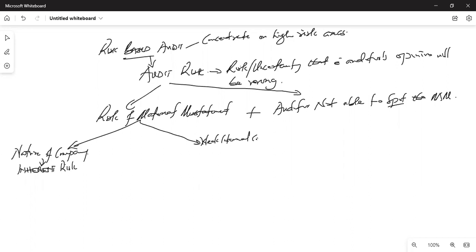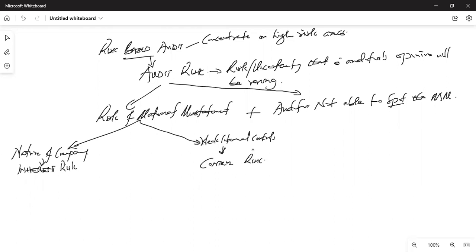You are supposed to have controls set up according to corporate governance to deal with these ones. And that is what we call control risk.